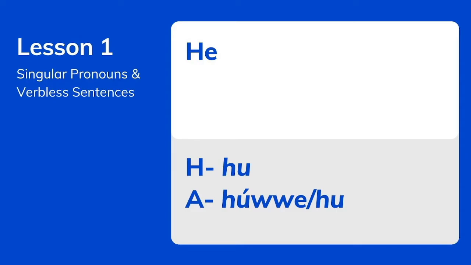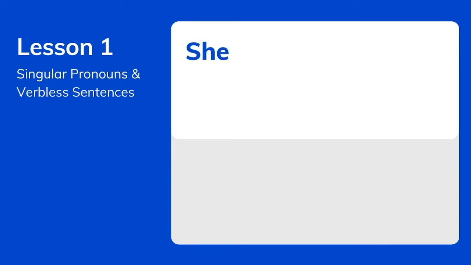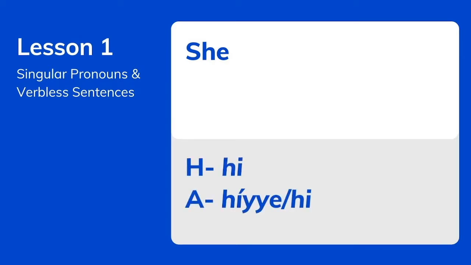In Palestinian Arabic, it is huwe or hu. She, in Hebrew, is he. In Palestinian Arabic, it is hiye or he.